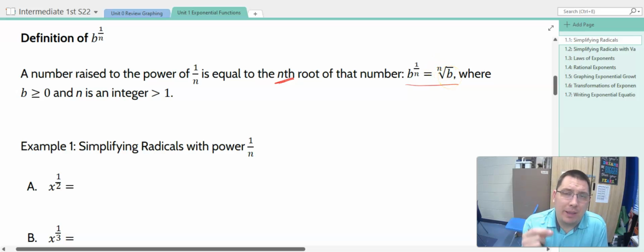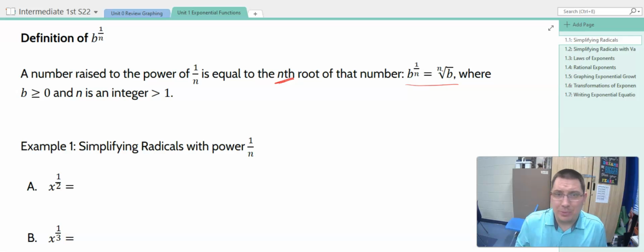And again, I want you to pay attention to where that n is. It is not in front like a coefficient. It's up in the hook of the radical. Now, a couple of restrictions on b and n. b has to be greater than or equal to 0, and n has to be an integer greater than 1.